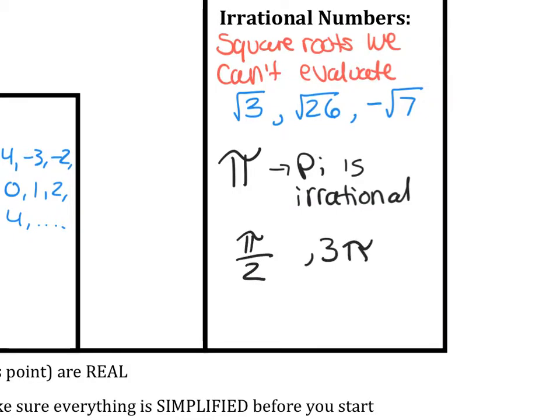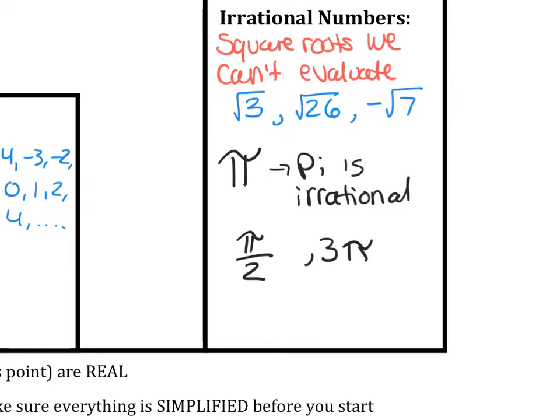Anything that has the pi involved is irrational, and whenever we have square roots of numbers that we can't evaluate nicely are irrational.